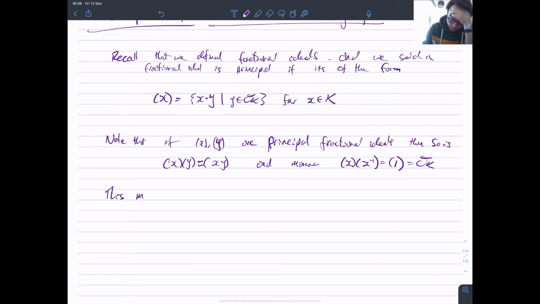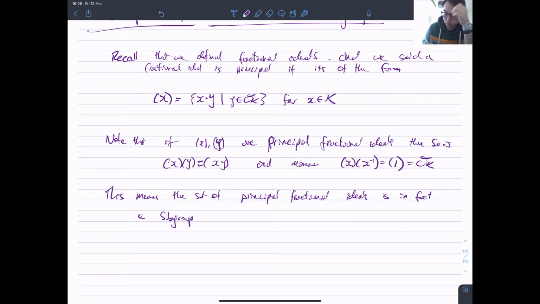So this means the set of principal fractional ideals is in fact a group, well, in fact a subgroup of the group of fractional ideals that we talked about.